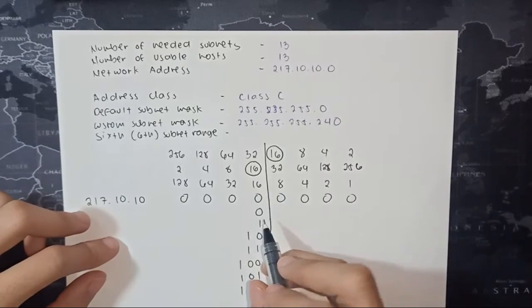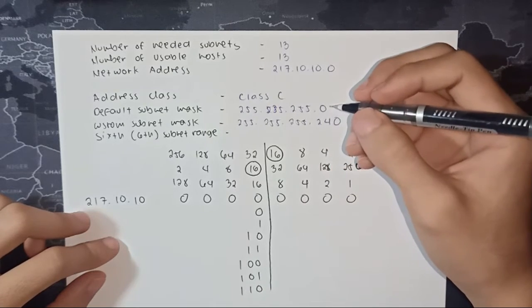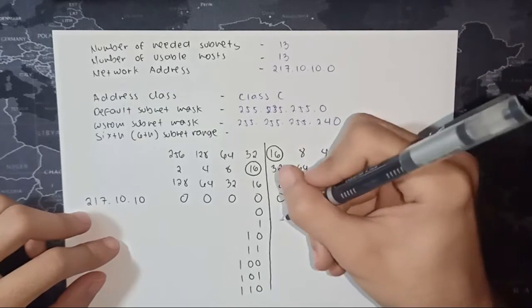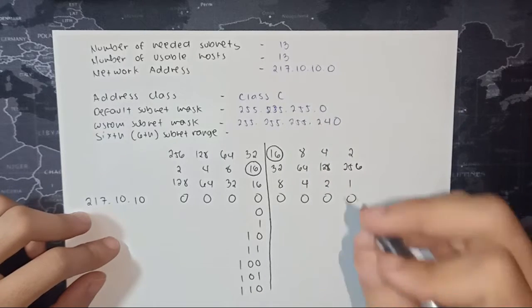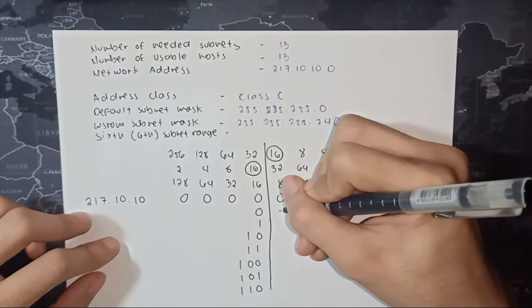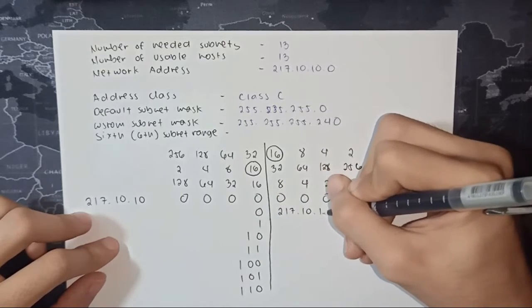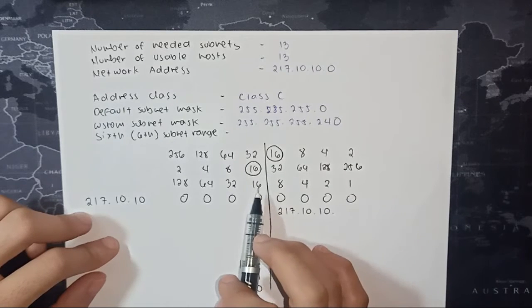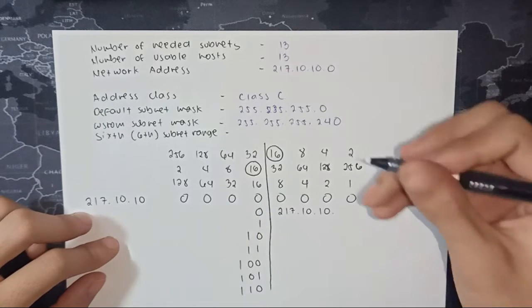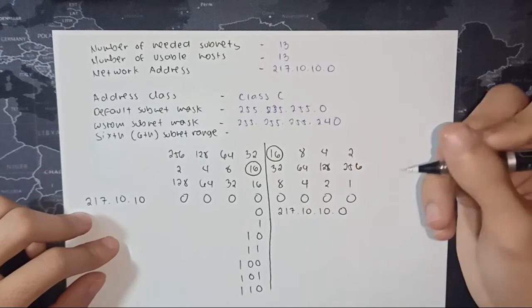So here in the first, we're just going to write our IP address, with network address rather. So since it is 0, 16 times 0 is 0, so we are going to write here 0.